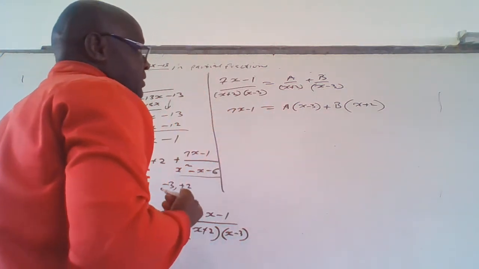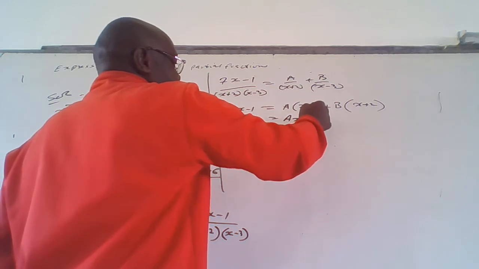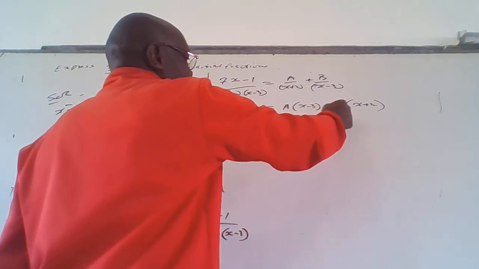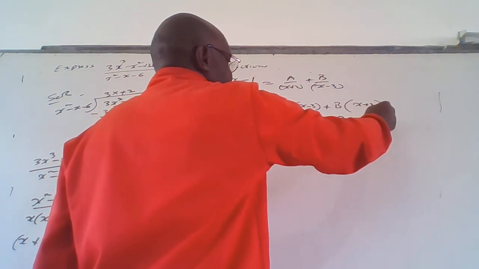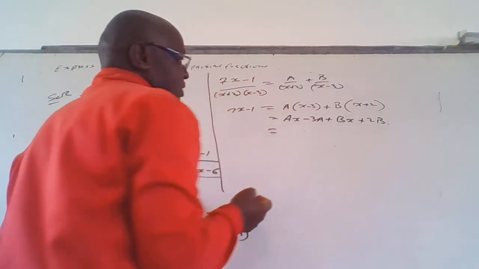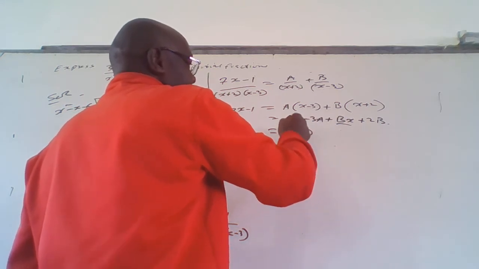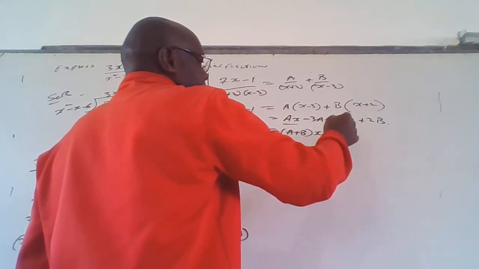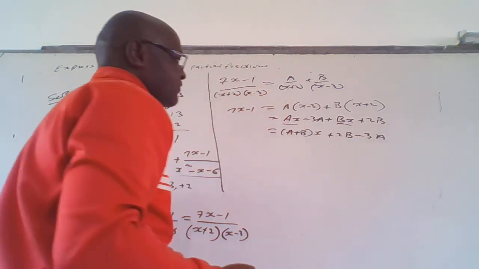Then we open up the brackets, so we have Ax minus 3A plus Bx plus 2B. Collecting like terms, we have (A plus B) x, then plus 2B minus 3A.